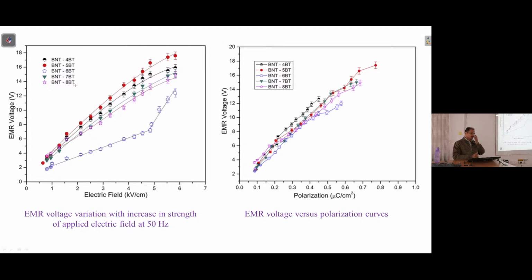Okay, so this particular trend tells us that the benefit of the larger number of polarization directions can only be harnessed when we are going for higher voltages, that is, when the applied field is of higher strength. But at a lower level, there is more resistance offered by the phase boundaries.